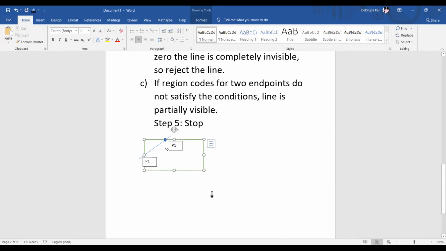So here there is P1 and here there is P2. So in this figure, we can say that the line is partially visible between P1 and P2.